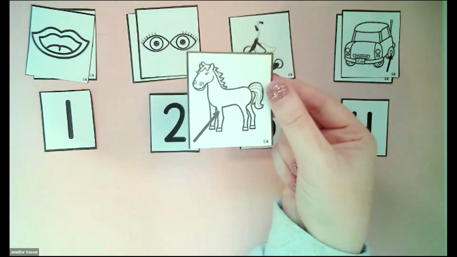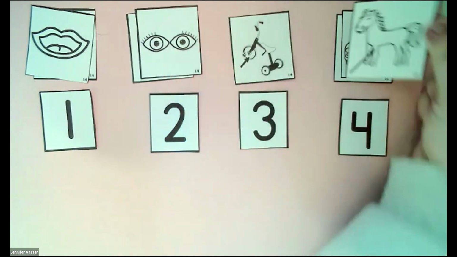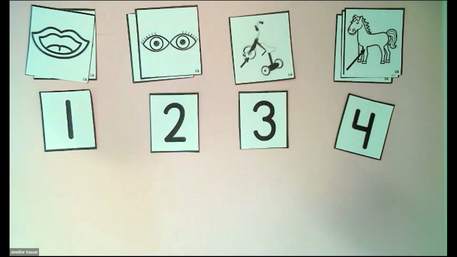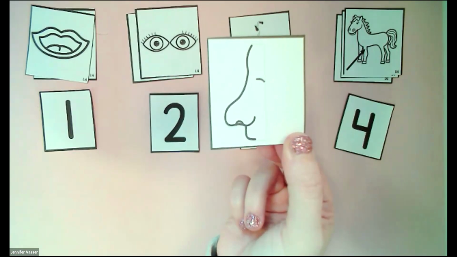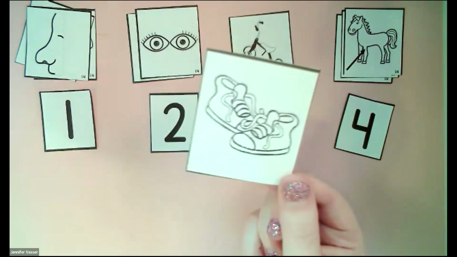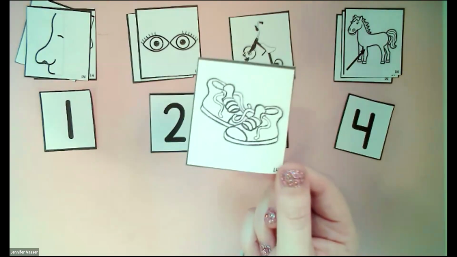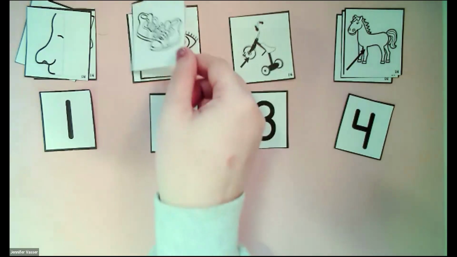How many legs does a horse have? 4 legs. How many noses do you see? 1 nose. How many shoes make up a pair? 2 shoes make up a pair.